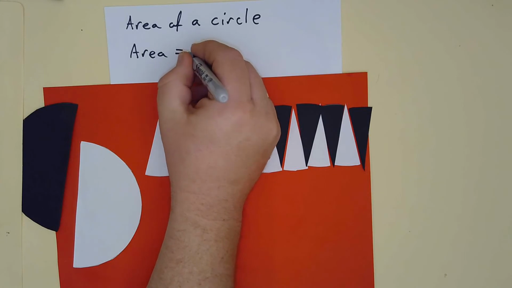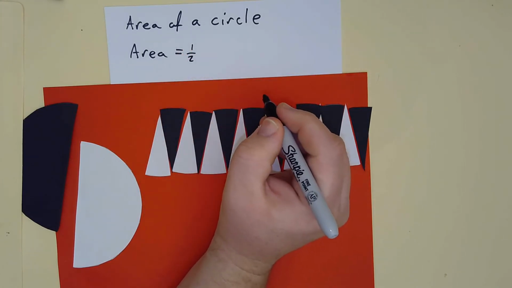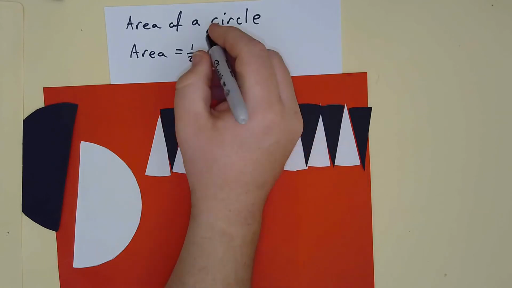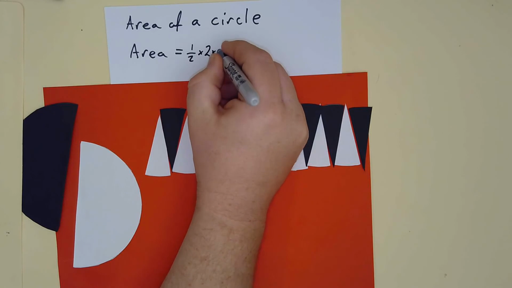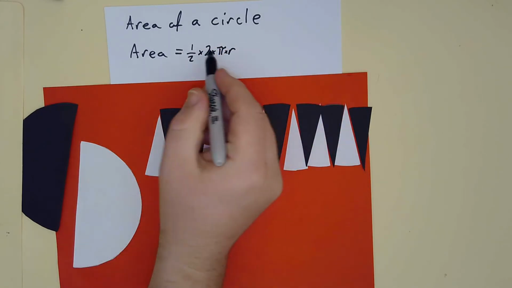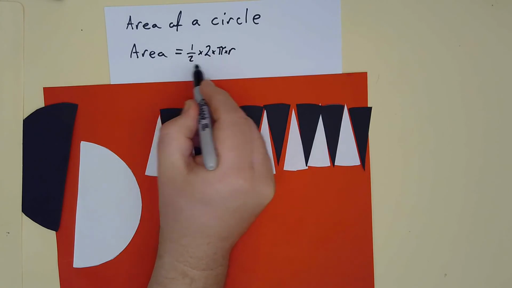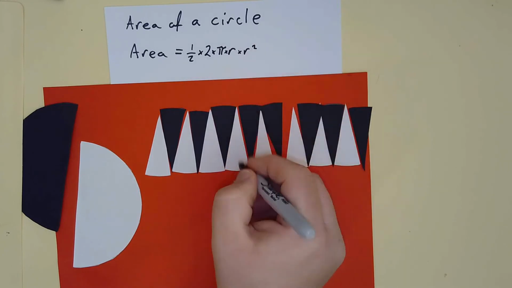So half of, if you remember back to how we work out our circumference, it would be 2 times pi times our radius. That's our circumference, that's half of our circumference, and I want to times it by my radius, which was my height.